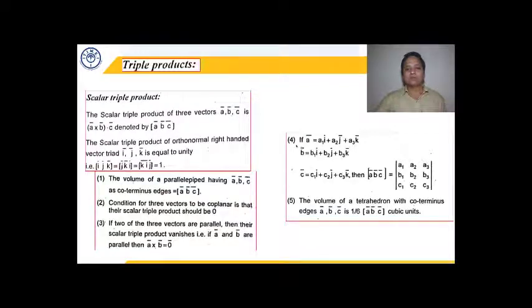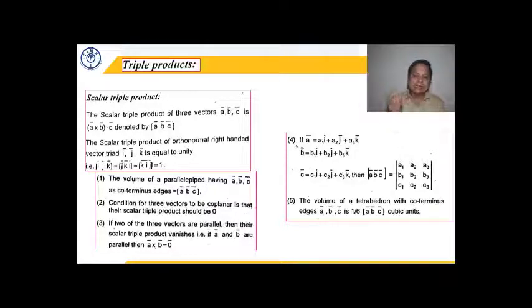Now, how do we find the scalar triple product? Three vectors are given. We write their coefficients in three different rows and evaluate this determinant. It's a scalar quantity, a value will come. So, first row, first vector's coefficients corresponding to i, j, k, then second and then third, and then we evaluate. Volume of a parallelepiped having A, B, C as coterminous edges is the scalar triple product of A, B, C vectors.